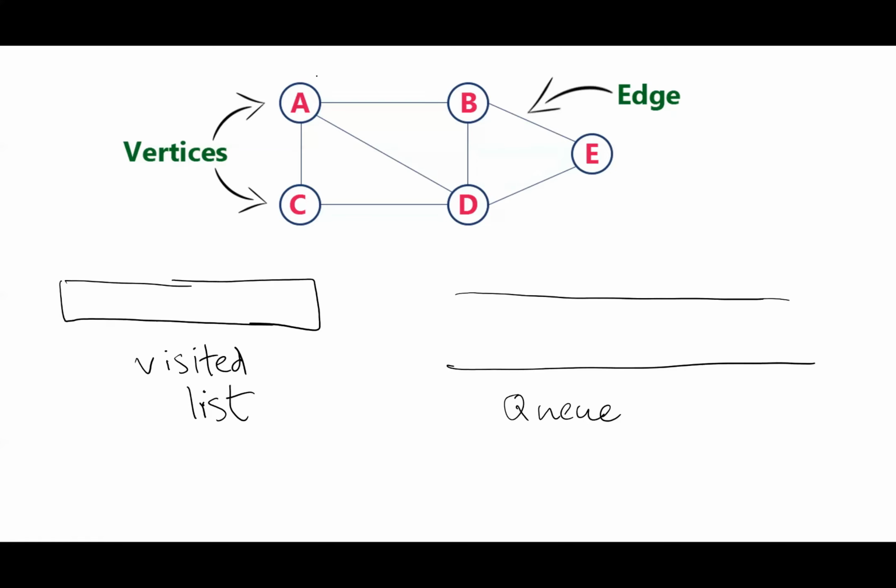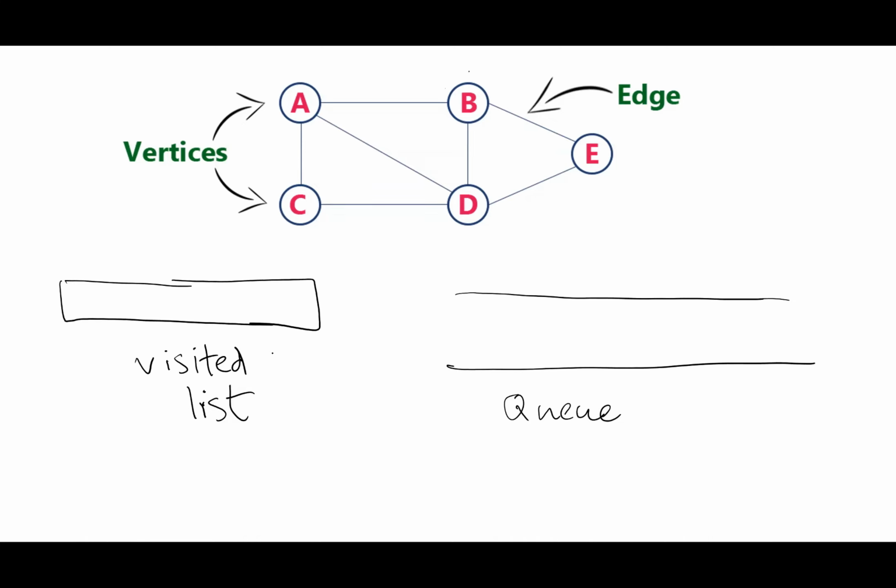Because once we are processing A, we will put B and C into the queue. That is fine. But next time when you're processing B, there should be a marker that A already has been processed, so that B doesn't bring back A into the queue, right?